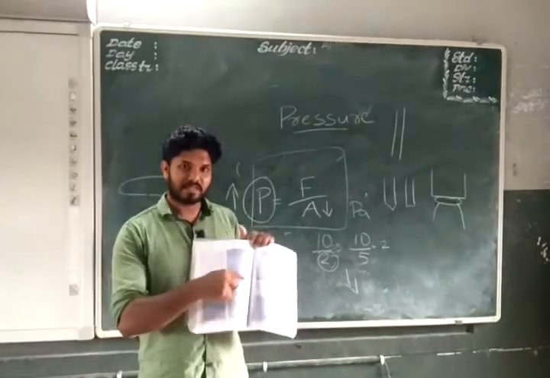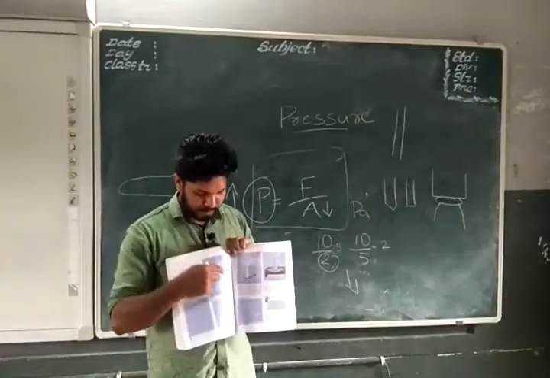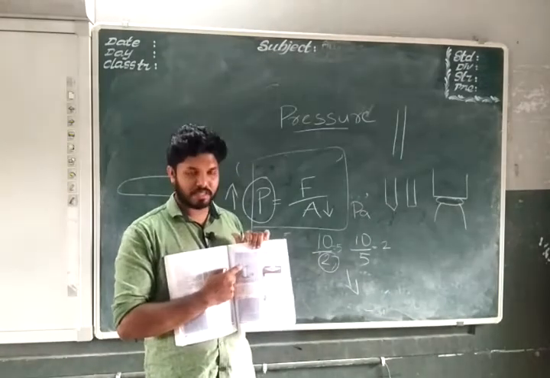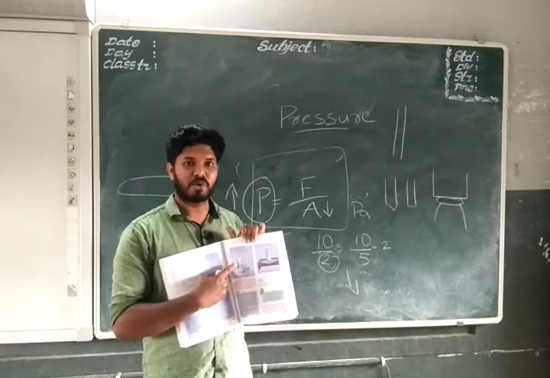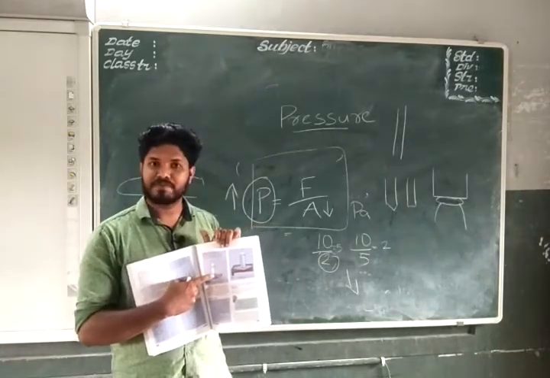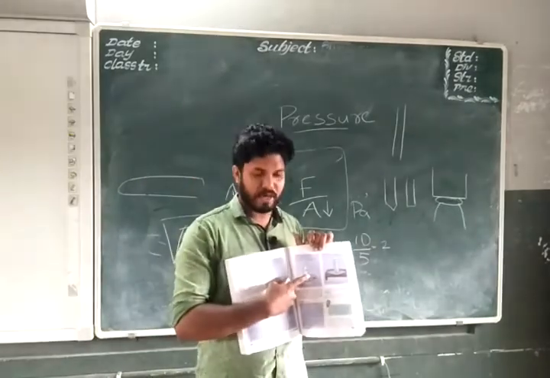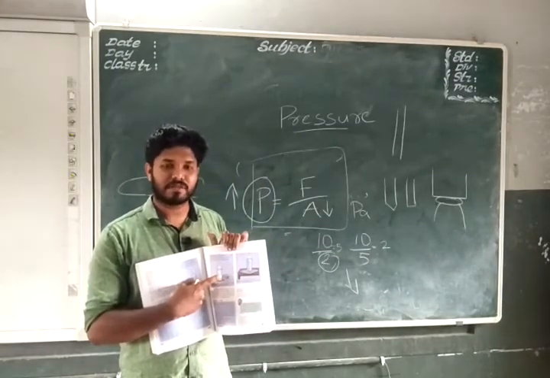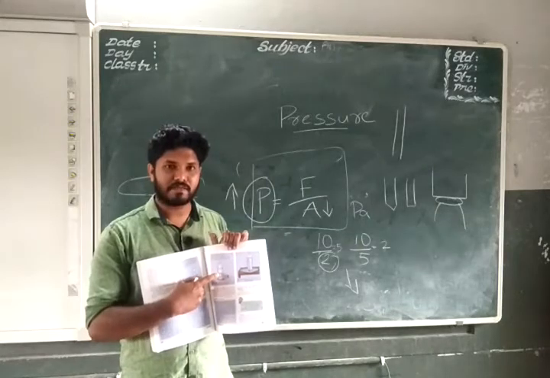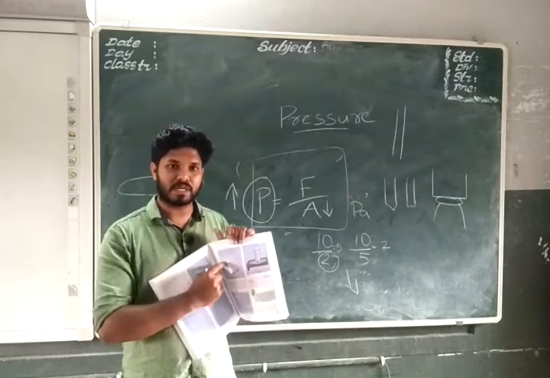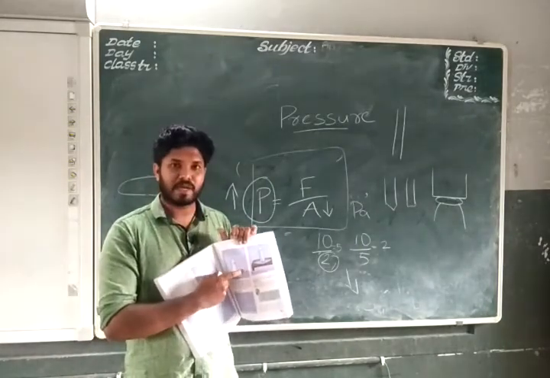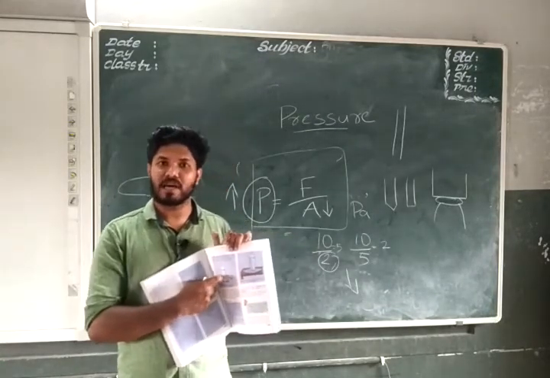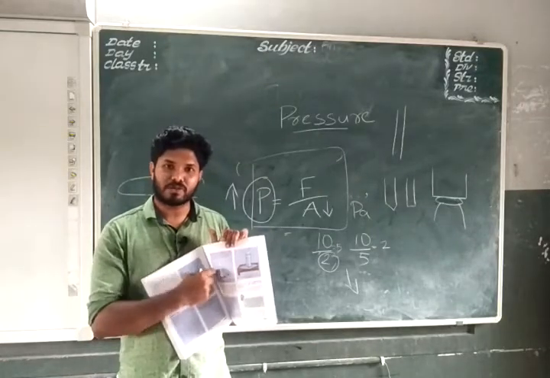Now here is the second example. In this example, the balloon is attached not at the bottom but at the side. Instead of the glass rod, we take a water bottle, and from the side we attach a balloon. In this example also we understood that when we increase the amount of water in the bottle, the expansion of the balloon also increases. That is, water applies force at the sides also, not only at the bottom.